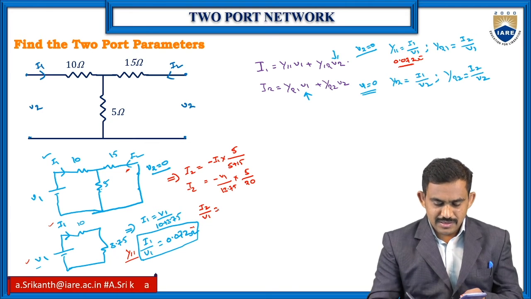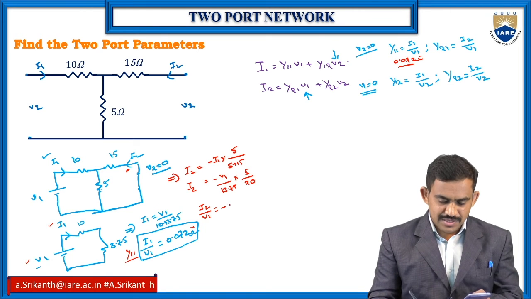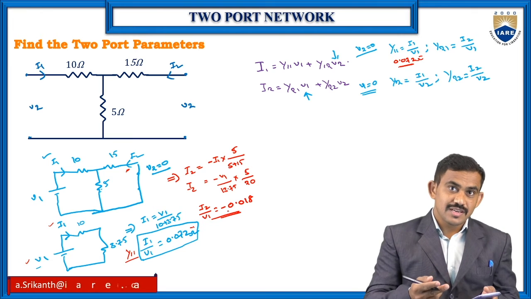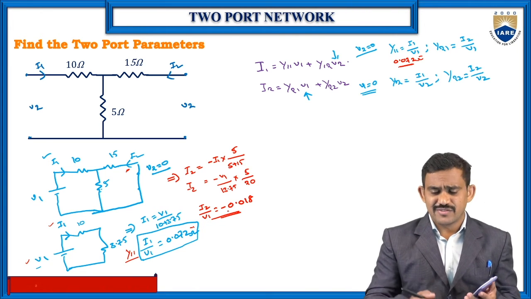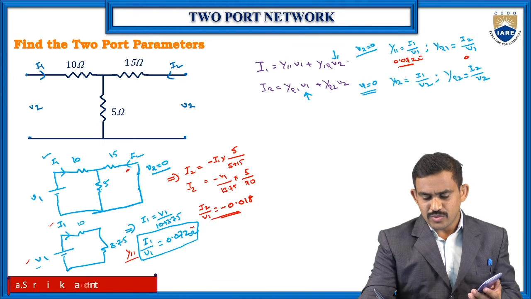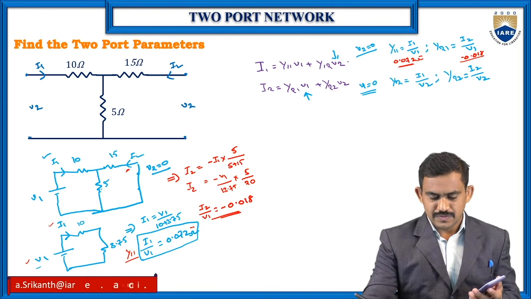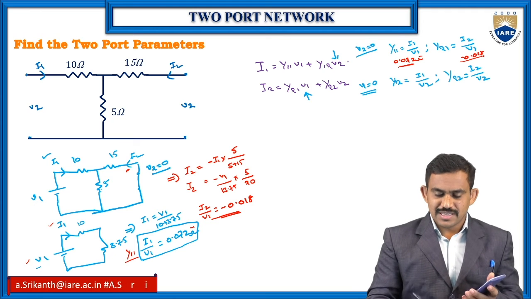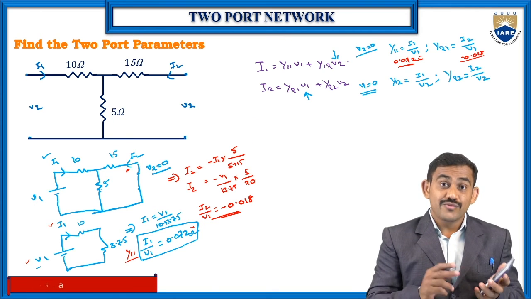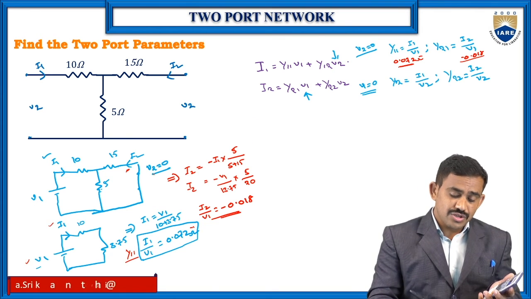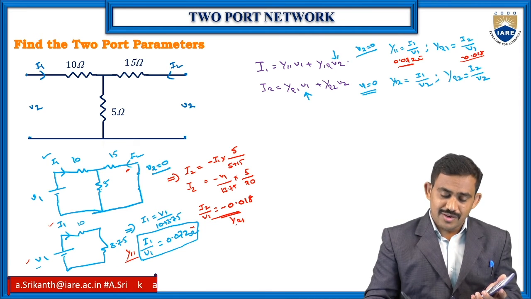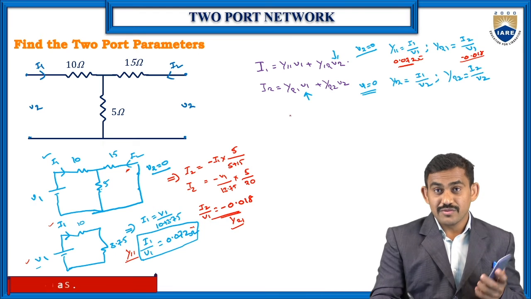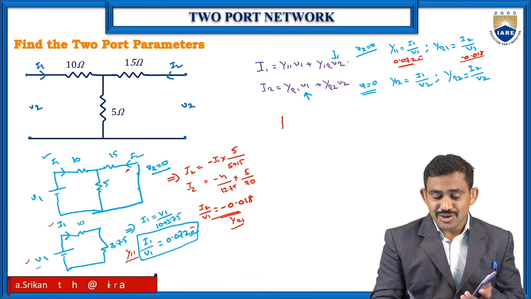The value is minus 0.018. Same as your previous answer. So using conditions and using equations we get the same answer. So we know 0.018. Okay, and moving to the second condition. What is your second condition? Here V2 equal 0, we found the Y11 value and Y21 value. Now V1 equal 0. V1 equal 0 means the primary side is short circuit.